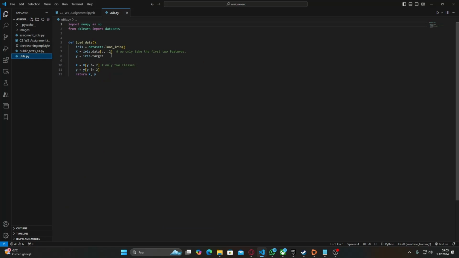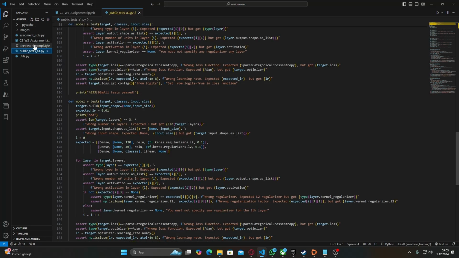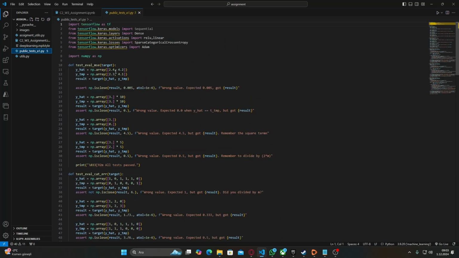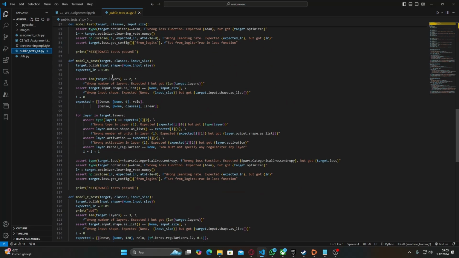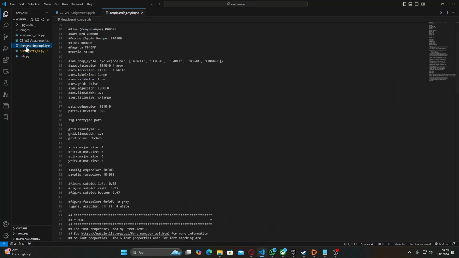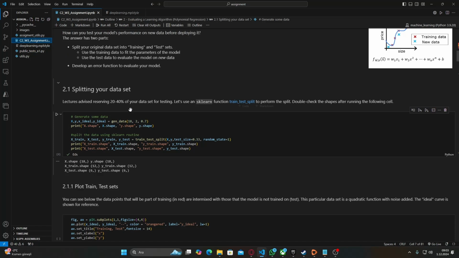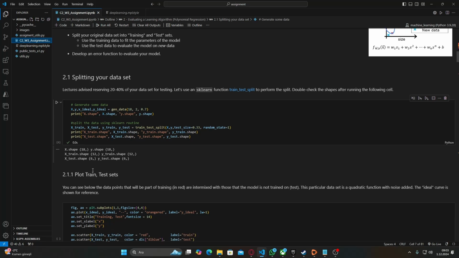Okay, load data, we have the public setting here, and yeah, okay. Next, we are having the shapes of our training and test sets.